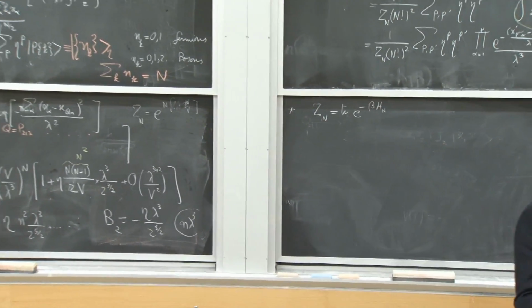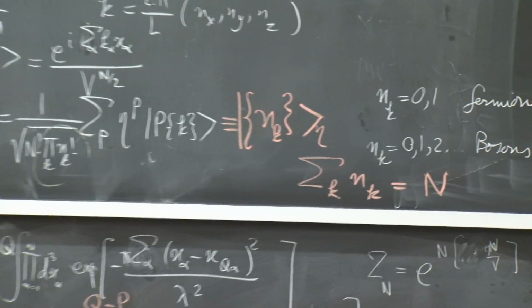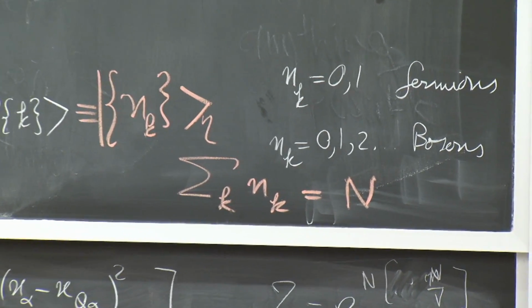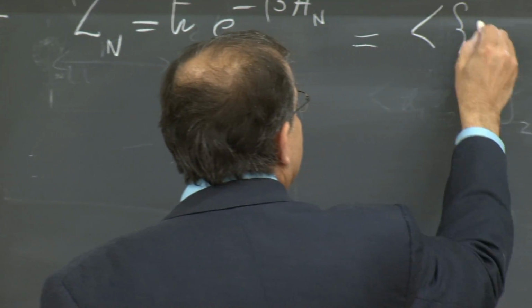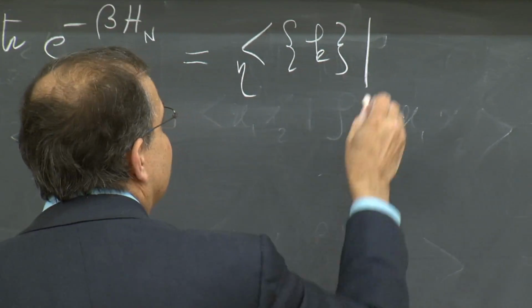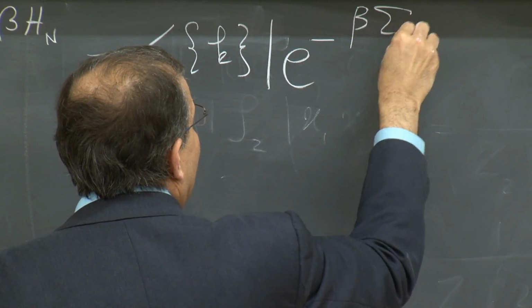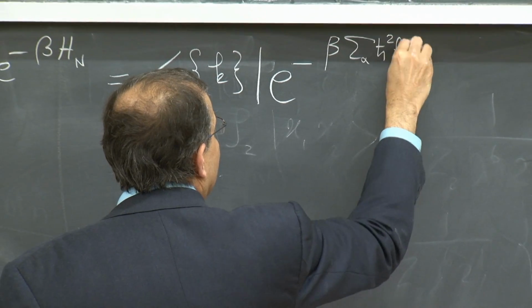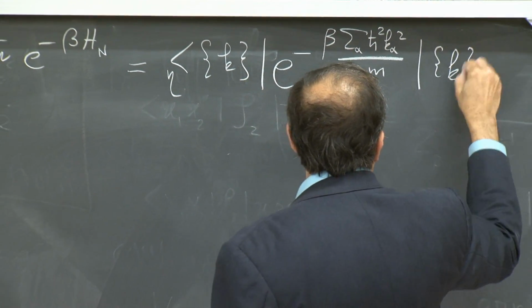The eigenvalues are simply e to the minus beta h bar squared k alpha squared over 2m. Right? So this is basically the thing that I could write as the set of k's appropriately symmetrized or anti-symmetrized, e to the minus beta sum over alpha h bar squared k alpha squared over 2m, times the set of k's.